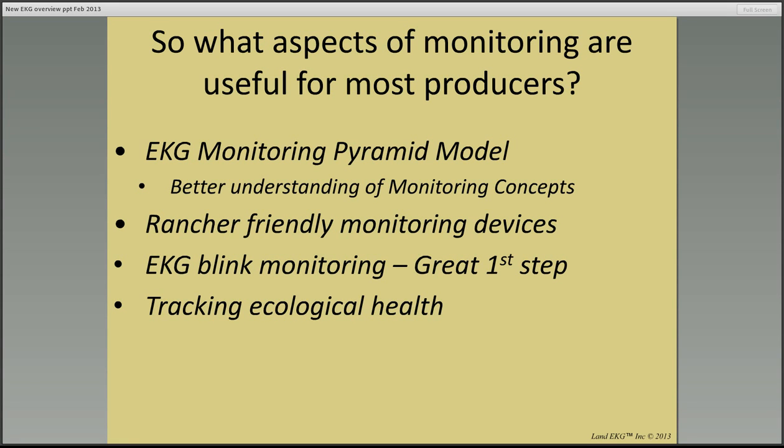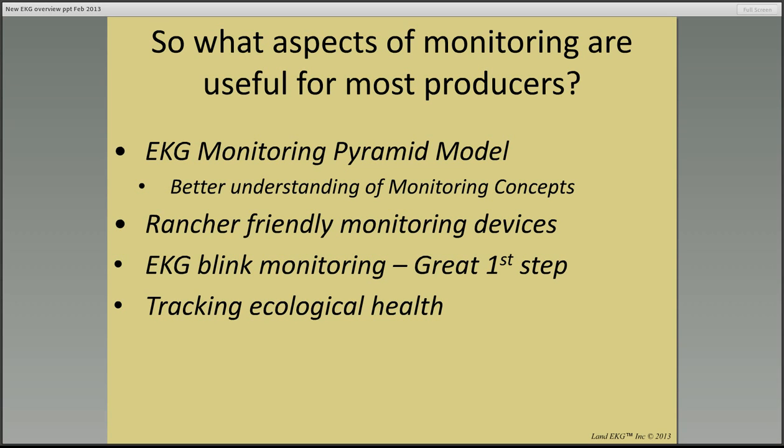But we've got a monitoring pyramid model that I will go through shortly that really breaks out the whole notion of monitoring, and we've found it extremely helpful in getting anybody's head wrapped around how monitoring works. We've worked, and are continually trying, to find rancher-friendly monitoring devices.